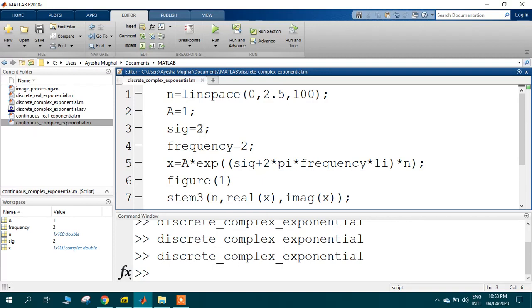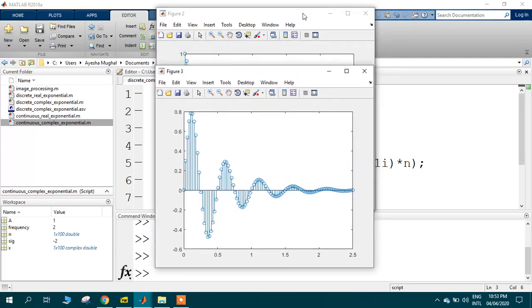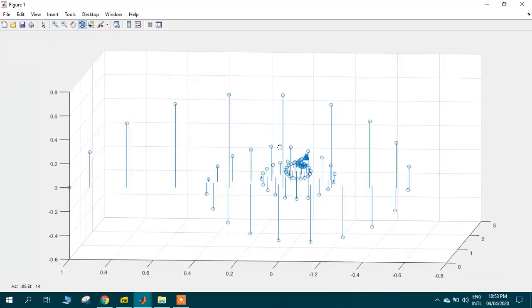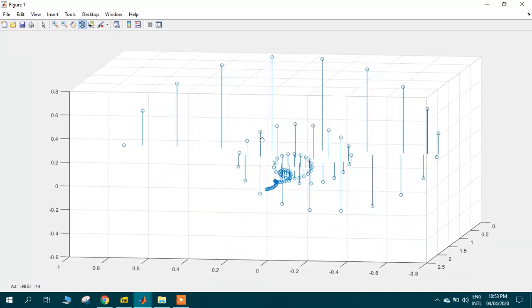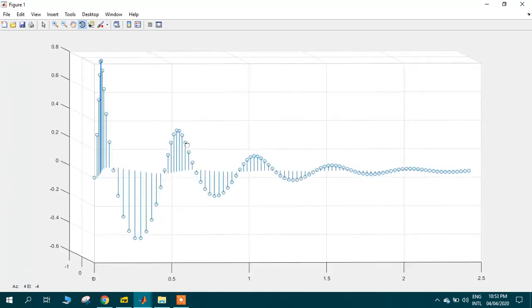Now let's see its behavior for a negative value of sigma. Let's first look at figure 1, which is the 3D plot of this whole function with its real and imaginary parts, and we can see that it is exponentially decreasing.